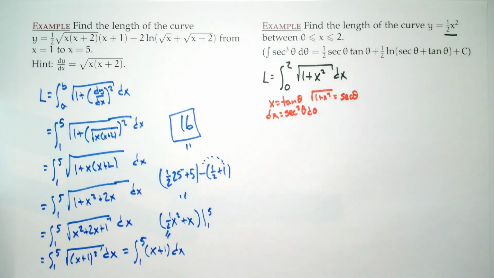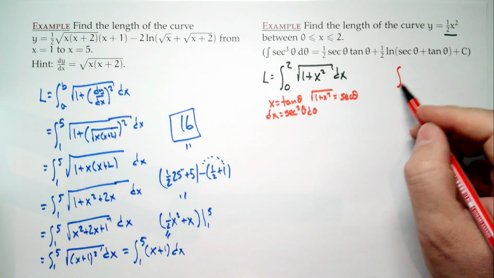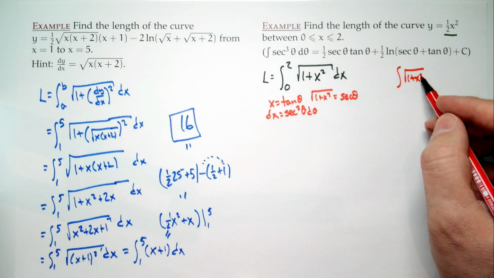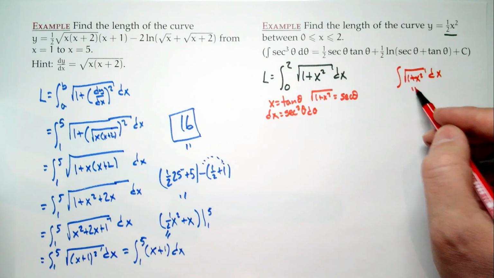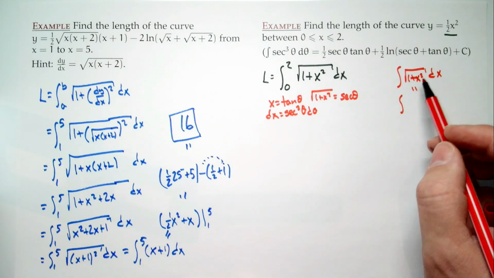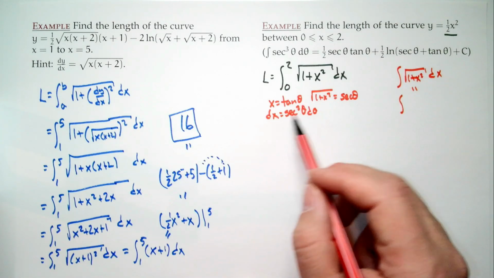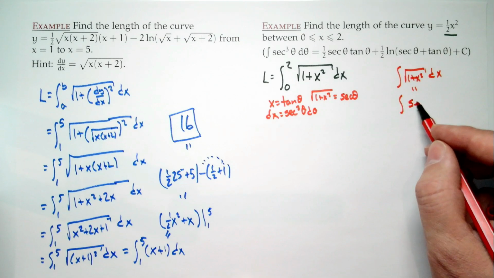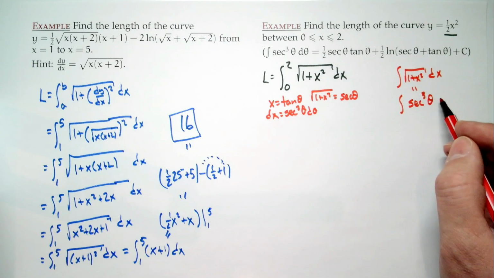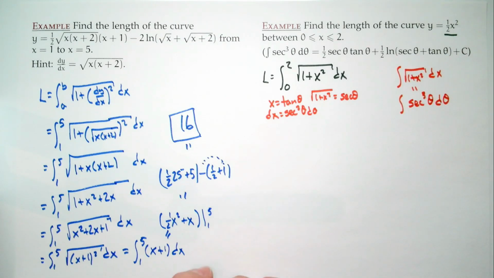Let's do it without the bounds for a second. We'll put the bounds back in at the end. So this will become the integral. We're going to get a secant from the square root of 1 plus x squared. Then we get a secant squared from the dx, which combines together to give us secant cubed. Oh, well, that explains why they gave us some information about secant cubed.